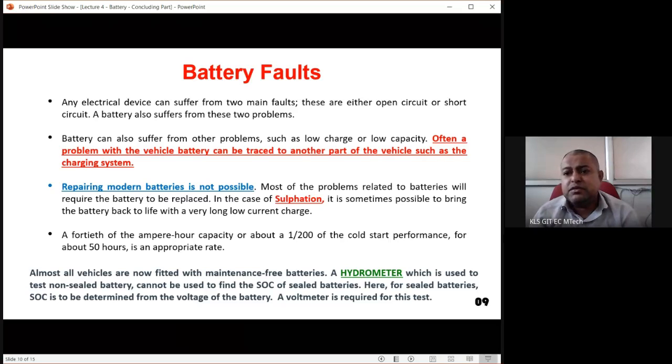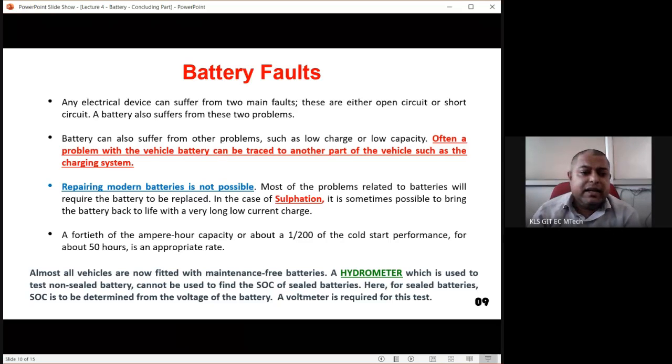So in that case, we have to check the battery, whether it is charged or it is able to supply. Ignition is a very big problem. If ignition does not occur properly, means we have to check the battery. So that's why it is said that often a problem with the vehicle battery can be traced to another part of the vehicle, such as the charging system. After this battery, we will be doing charging system tomorrow.